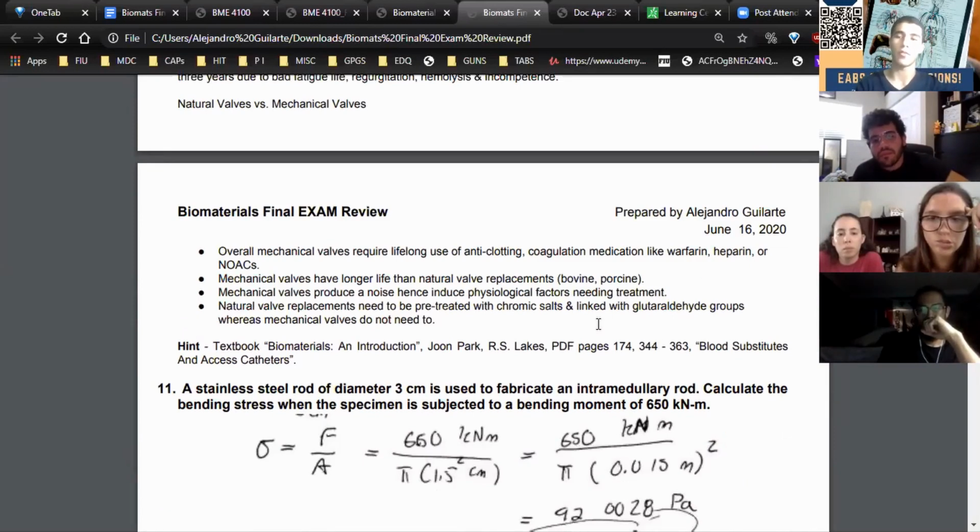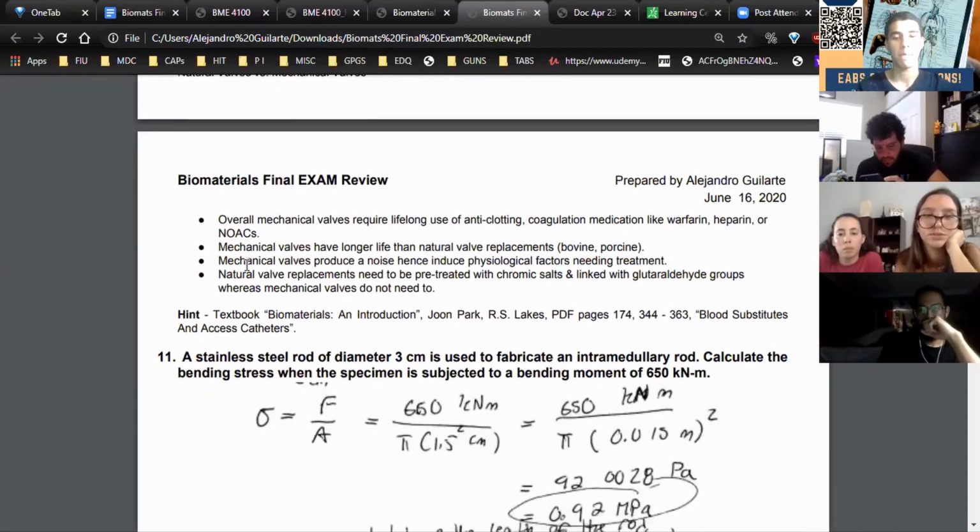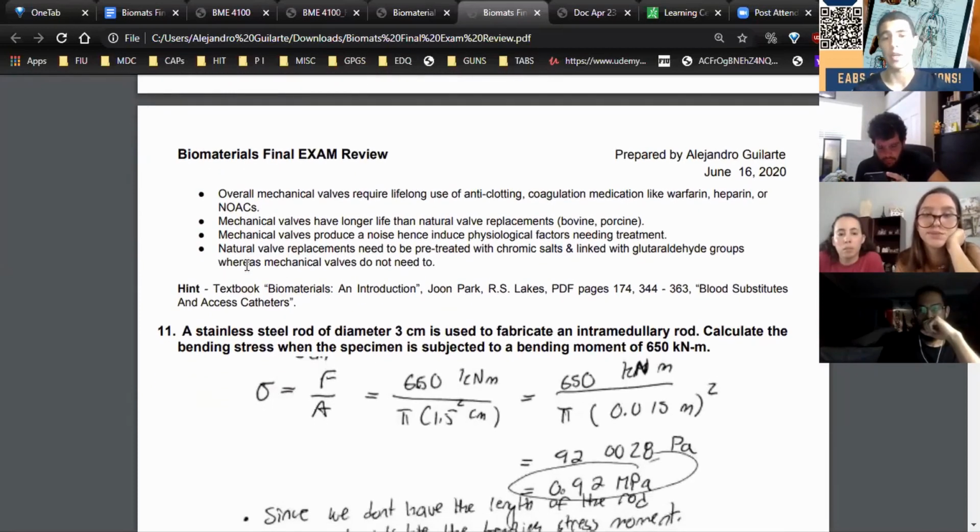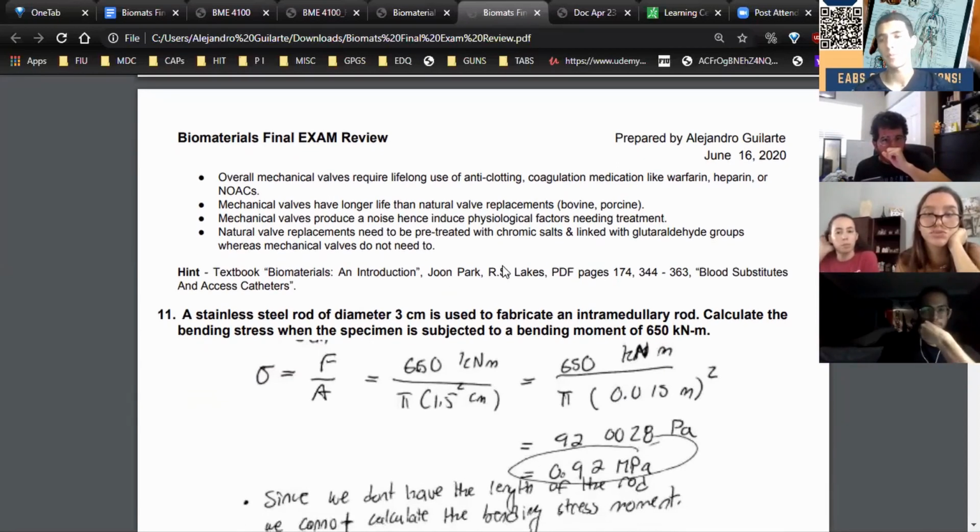So you would have heparin, warfarin, or novel oral anticoagulants, which are the NOACs. If you're taking a natural valve replacement, then you might want to consider bovine and porcine, although you need to treat those as well to prevent any sort of infection. And the way they treat it is usually with chromic salts, and they link it with glutaraldehyde groups. So that's one factor that mechanical valves don't need.